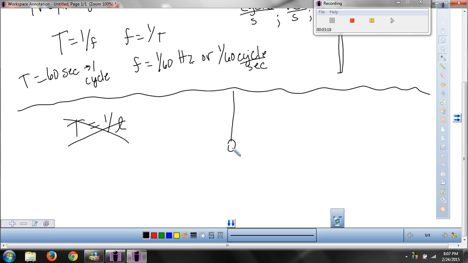So here's my pendulum. I'm going to pick it up and let it go. I'm going to start it here, and release it. It's going to swing past, and then back over there. That is one cycle.